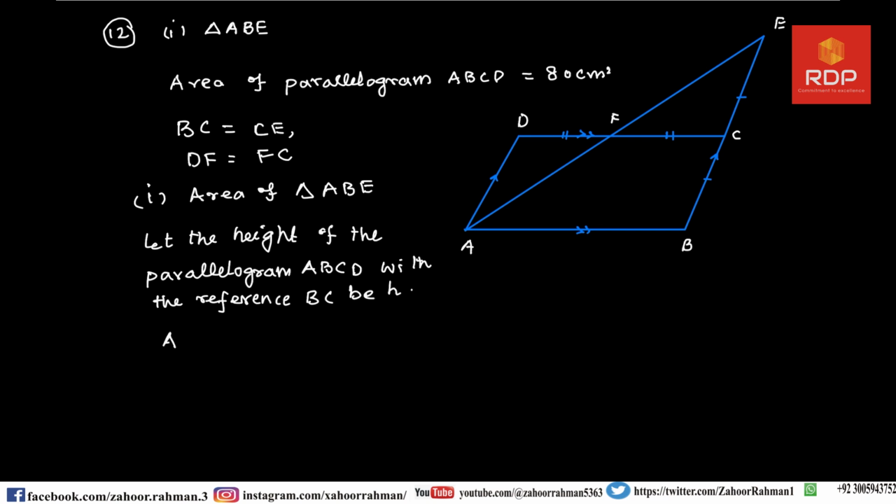Now area of parallelogram ABCD is equal to BC into H, base into height. We took the reference as BC, and that is also given to us as 80 centimeters square.